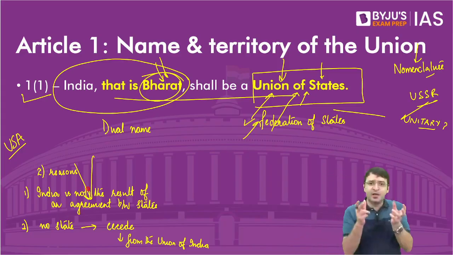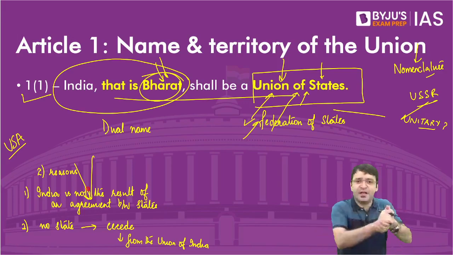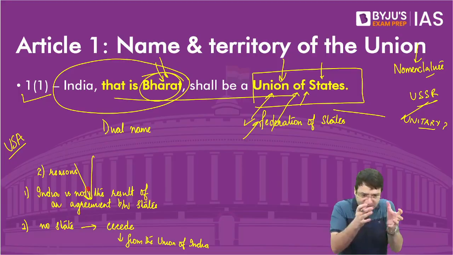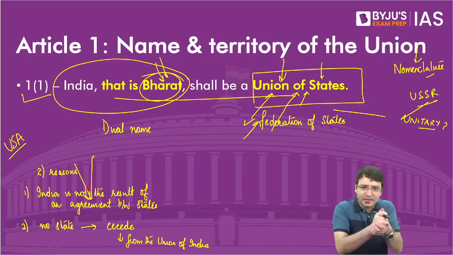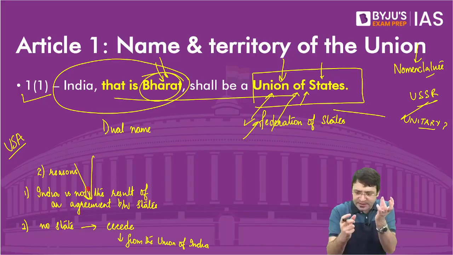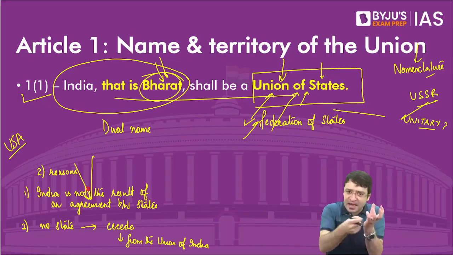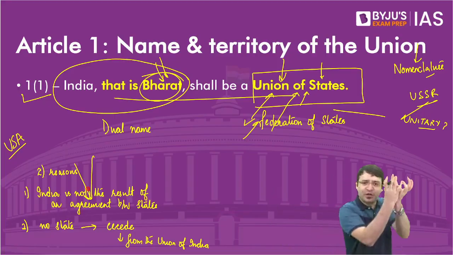So in a federal polity, basically, when there is an agreement, when there is a federation of states, when the states have decided to come together through an agreement to create a political entity, at any point in time, one state may come out of that federation because it was through an agreement that we created an entity.